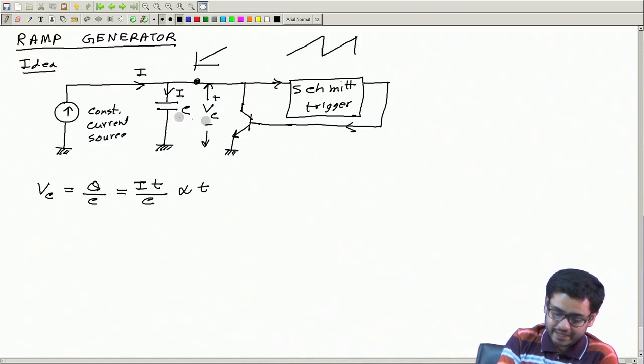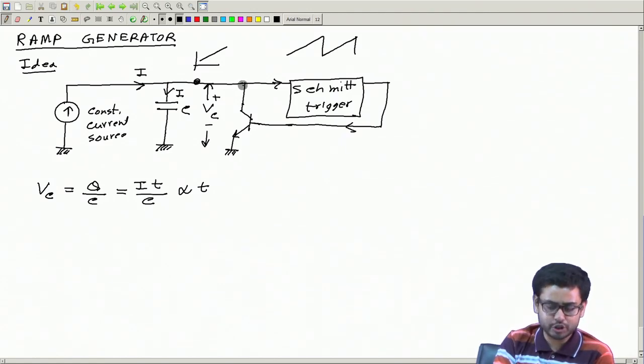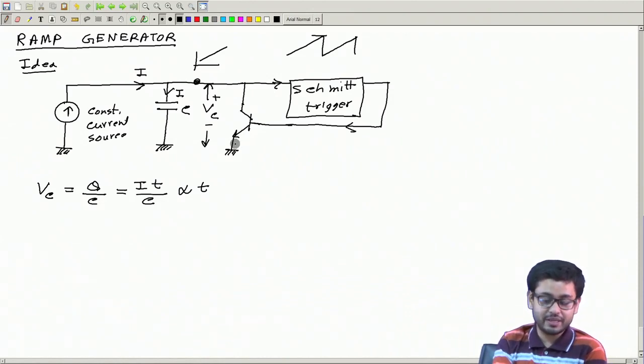So the idea is that when this voltage goes above some threshold, then this Schmitt trigger will be turned on and this switch will be on. So now the capacitor will discharge, and it will discharge immediately and quickly.